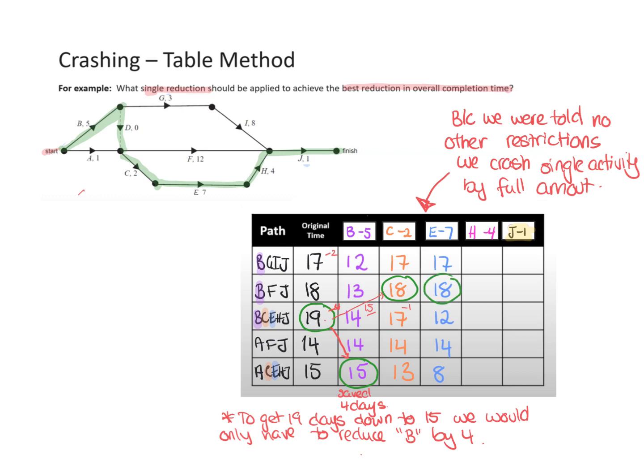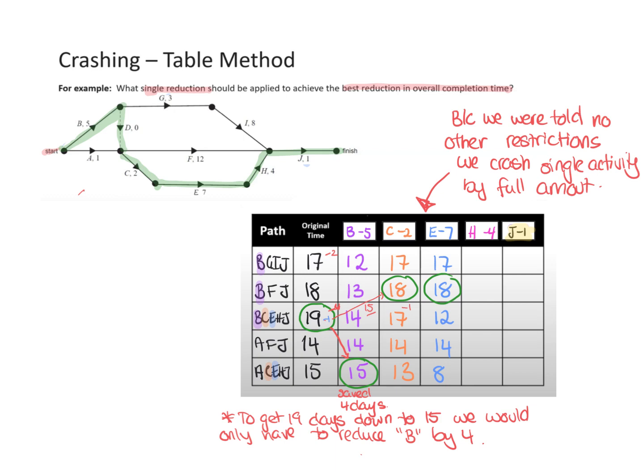So to get 19 down to 18, we'd only have to minus 1 E. The one down here with the other E, 15, is already smaller. So if we picked E, we would only save 1 day, and we'd only take 1 E away to get the same result.